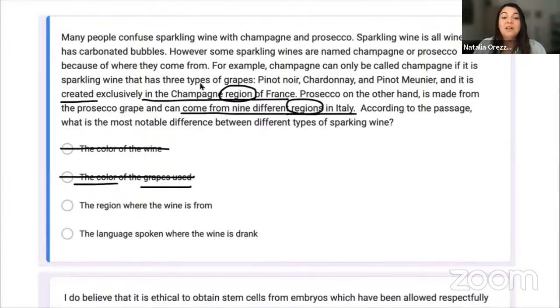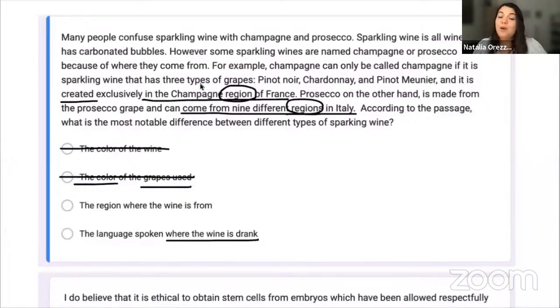Now, the last one says the language spoken where the wine is drank. Now, this one is a little weird. So let's make sure we're understanding this correctly. Now, in the paragraph, it does say that the wine comes from different places, right? France and Italy. In these places, they do speak different languages. Okay, so those could be different. But then it says where the wine is drank.